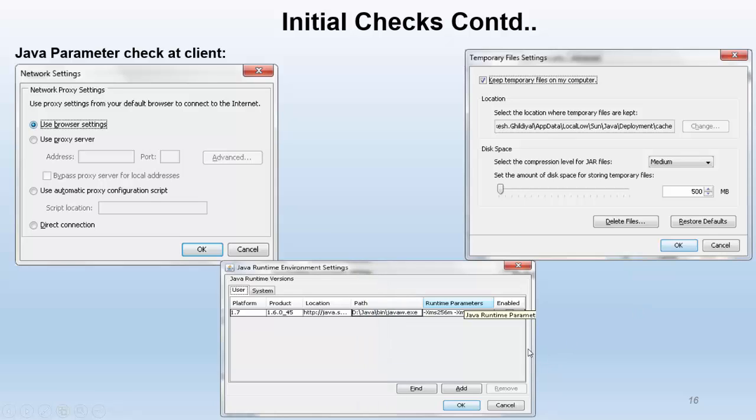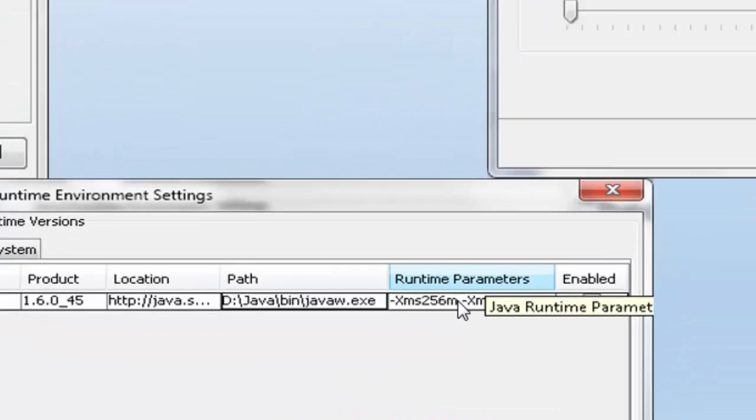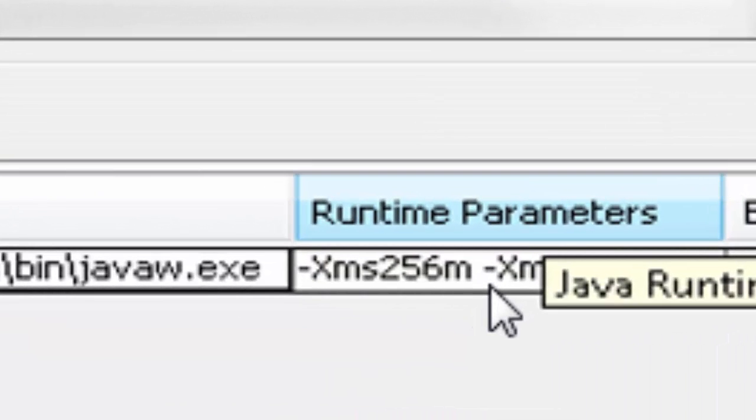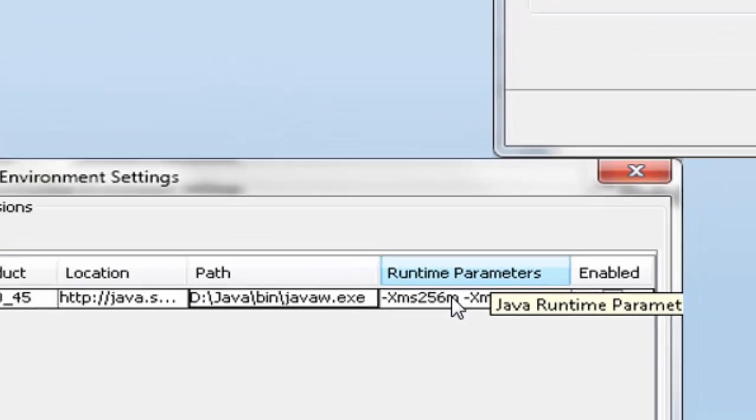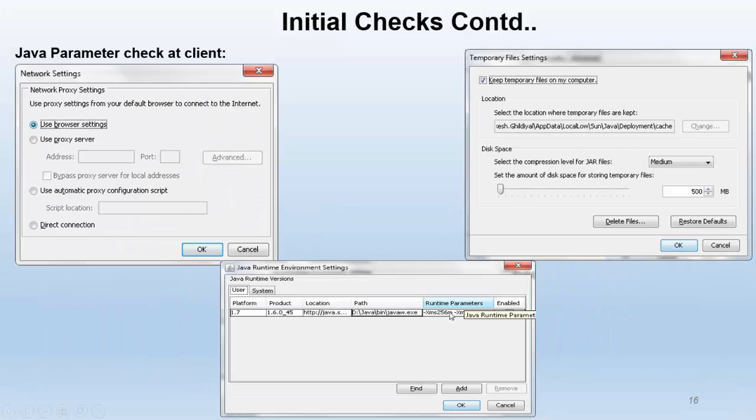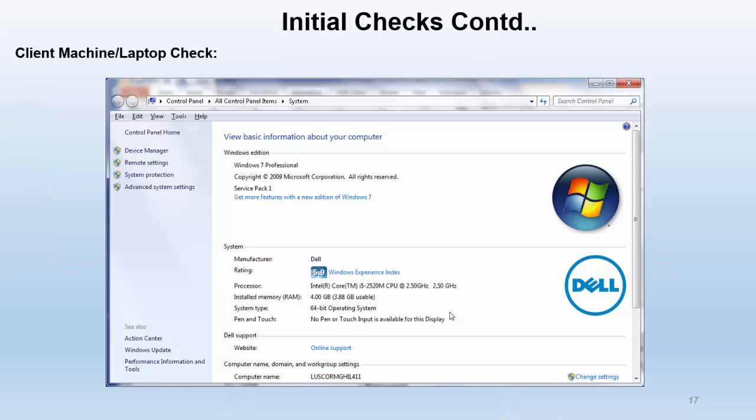And then the thing that I would really look at is the runtime parameter, because this is a thick client. I would look at how much memory I have on my laptop, or client laptop, or user's laptop, and tune it accordingly, because this helps set the client side memory for a thick client to communicate and cache better.